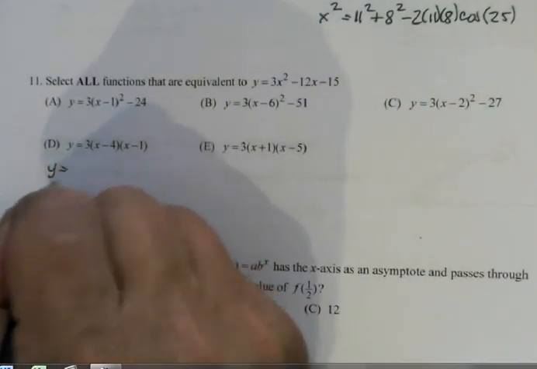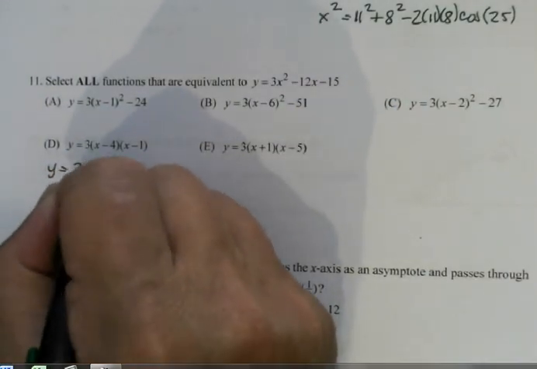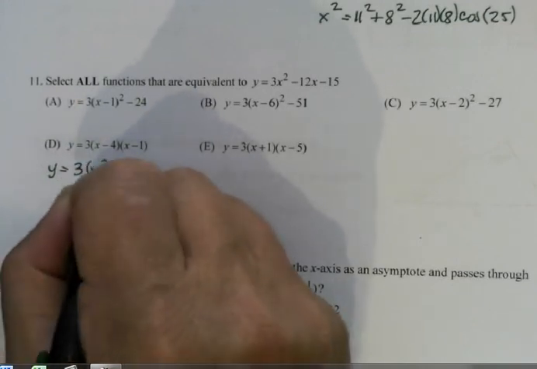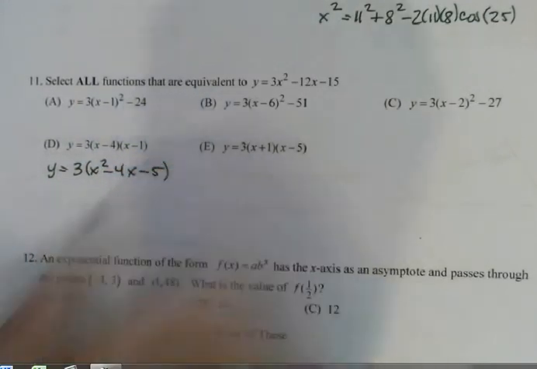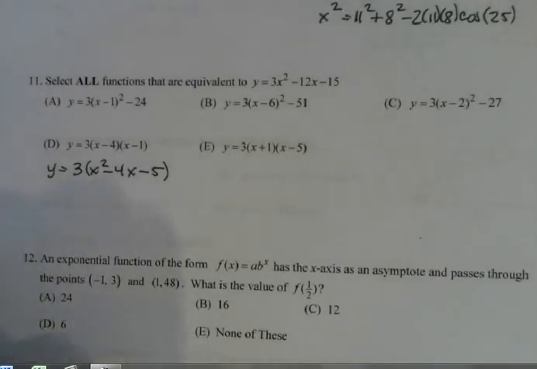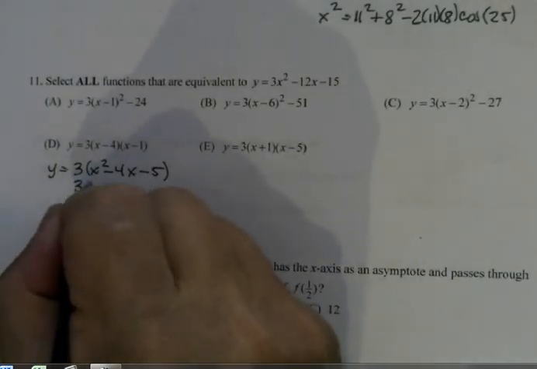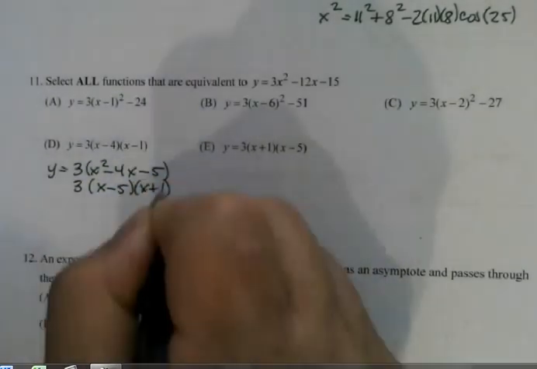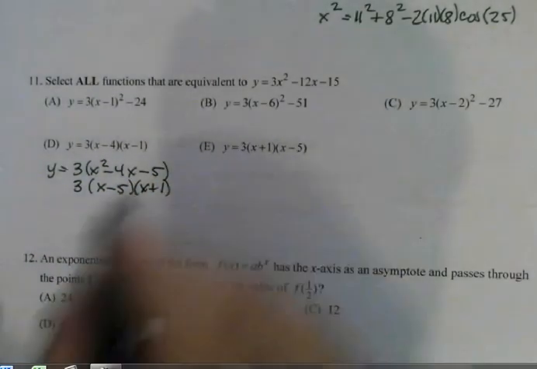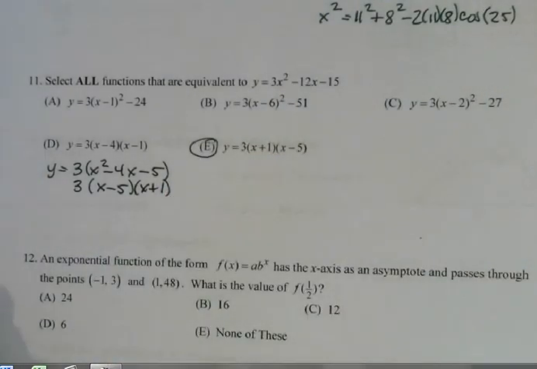So if I can factor out a 3, so I get 3x squared minus 4x minus 5. Then this factors 3x minus 5, x plus 1, and that's this one.